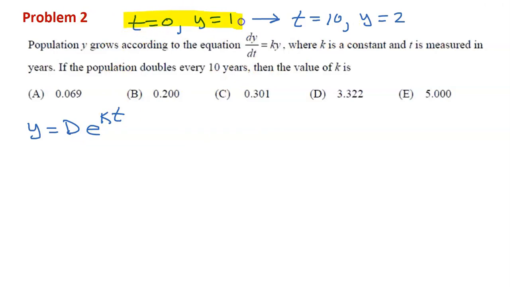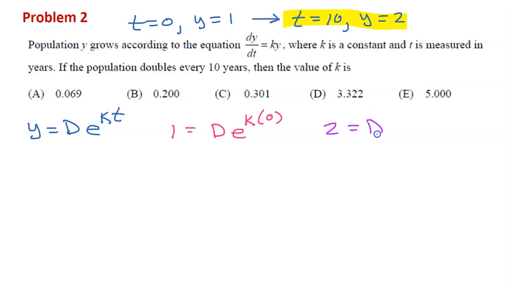Using the first set of conditions that we just made up, we get the equation 1 is equal to d e to the k times 0. Then using the second set of made-up conditions, we get the equation 2 is equal to d times e to the k times 10. This is a system of equations.